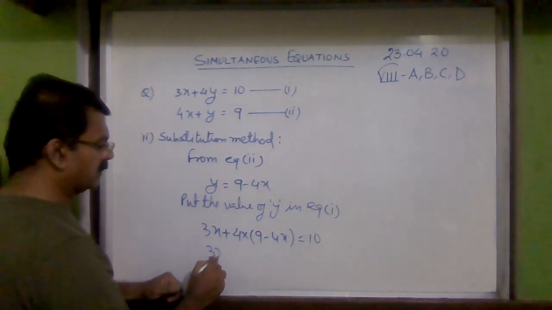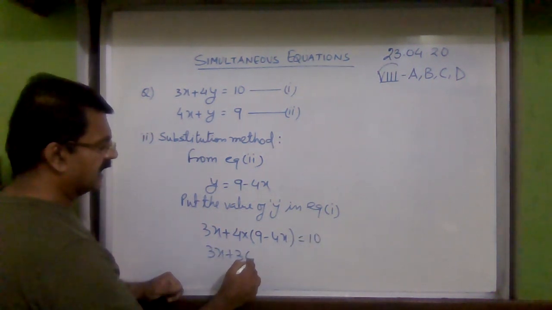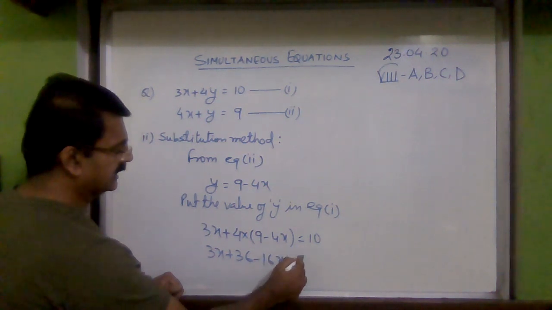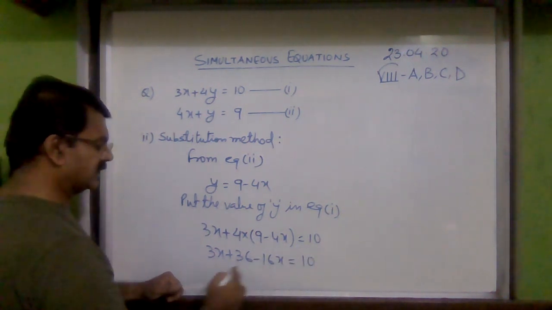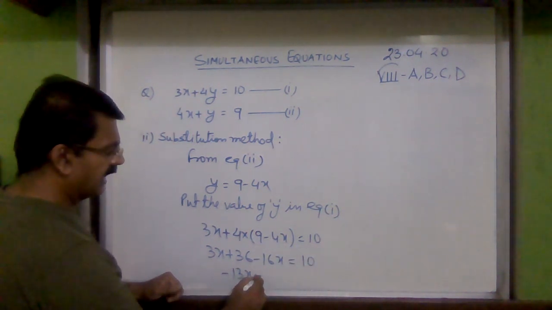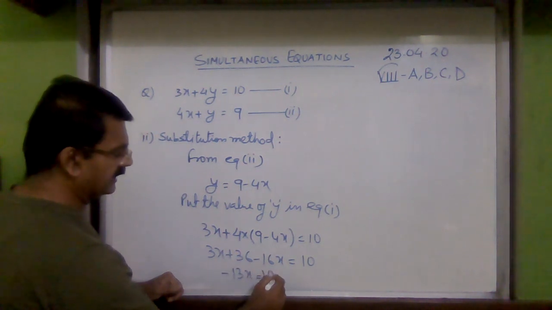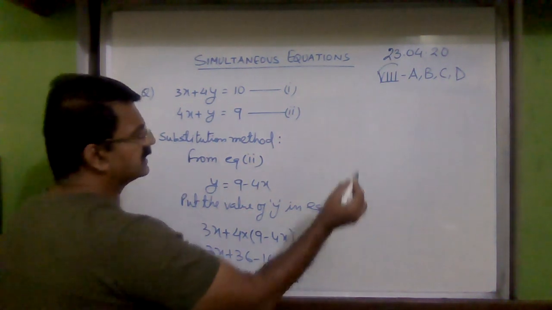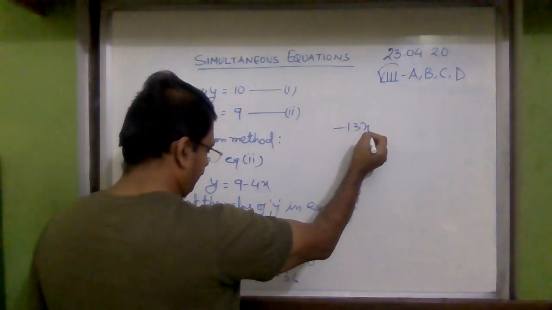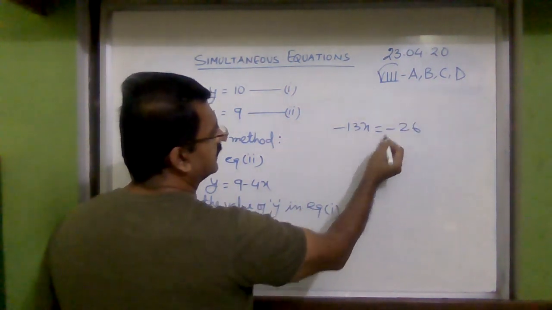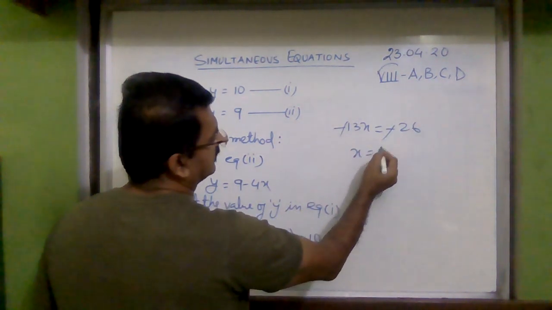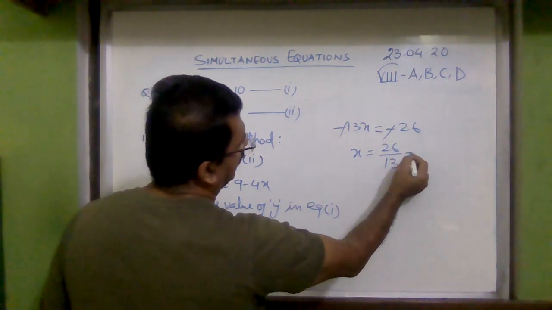Now you have to open the bracket. 36 minus 16x is equal to 10. 3x minus 16x will be minus 13x is equal to 10 minus 36. So minus 13x is equal to minus 26. So you can see x is equal to 26 by 13, that is 2.